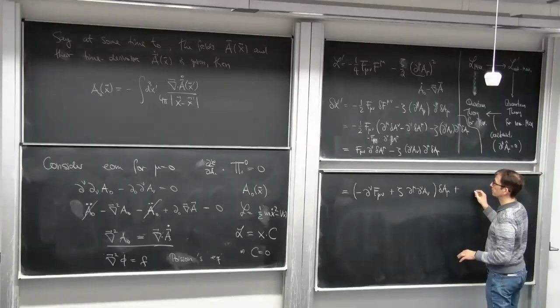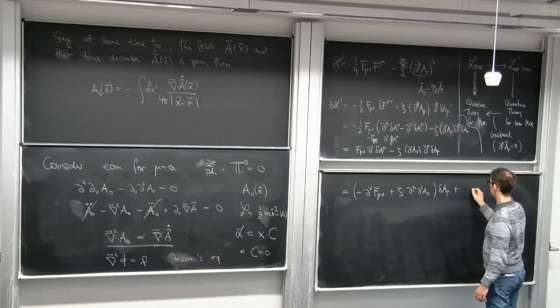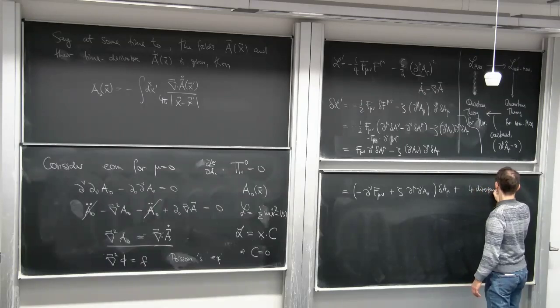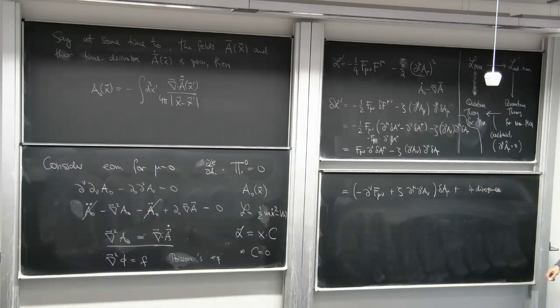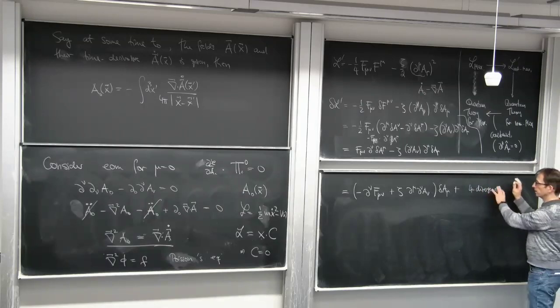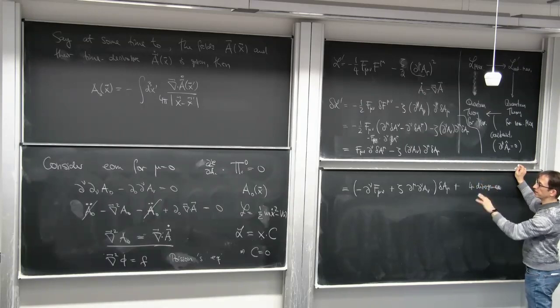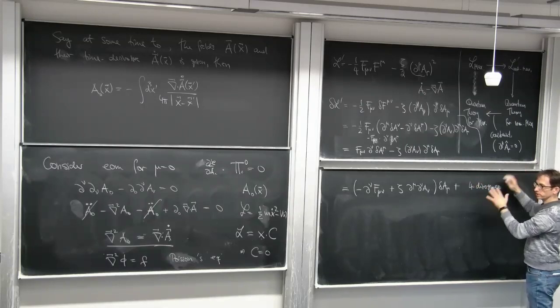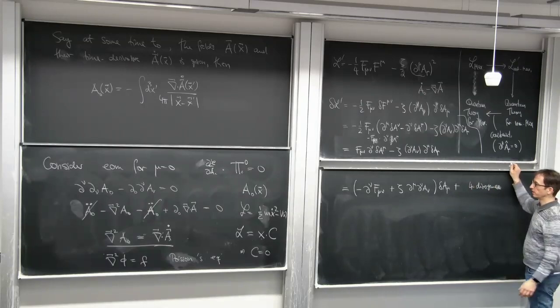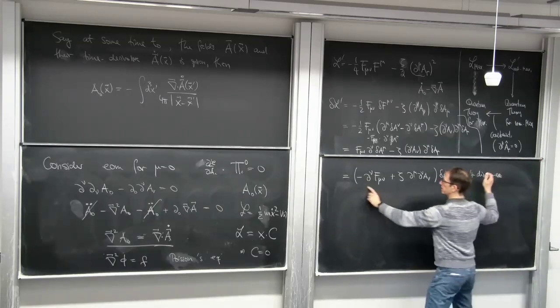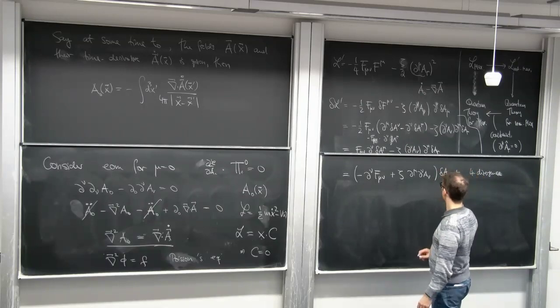So I have surface terms. We call them 4 divergence. And they don't matter in the equation of motions because I vary the action, and the integral over this 4 divergence is just a boundary term, and the boundary I don't vary. So I get this thing equals 0 as my equation of motion.